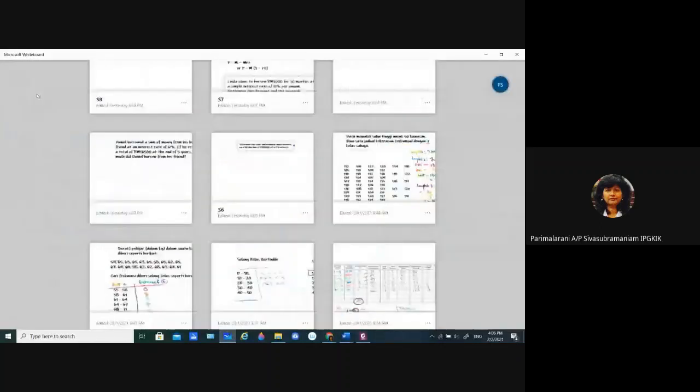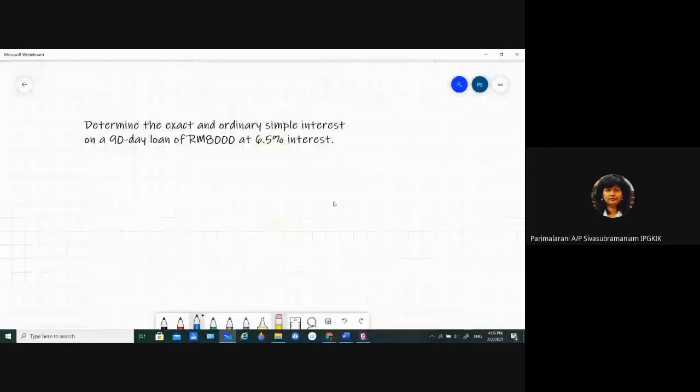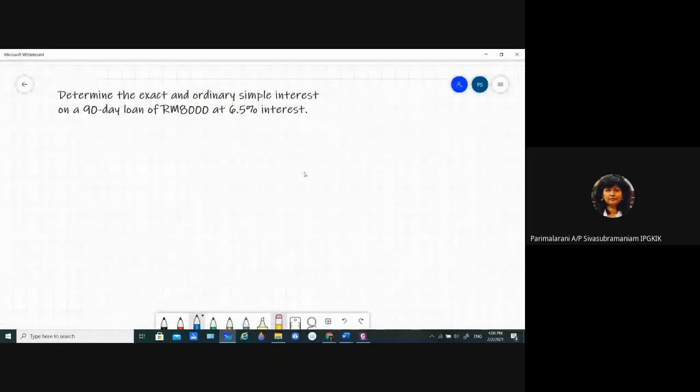Okay, let's do another example. Determine the exact and ordinary simple interest.